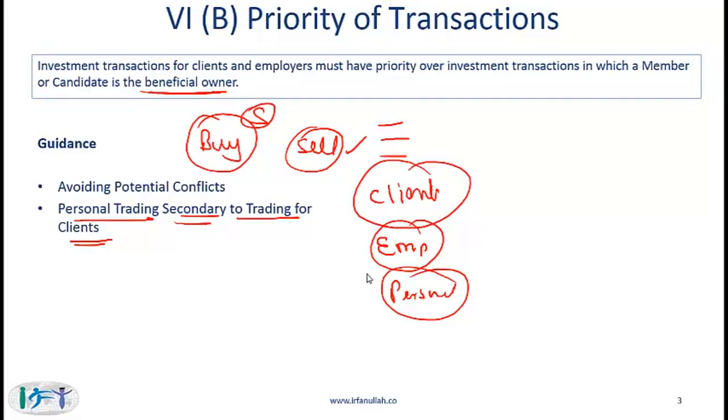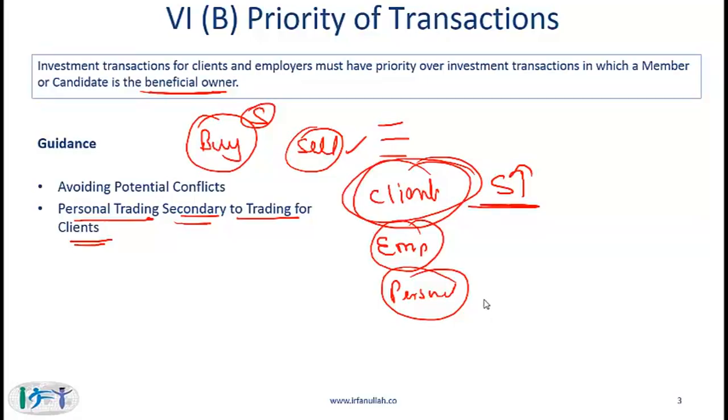Let's say that you are buying shares. When you buy shares for a large client, and let's say that this is a significant transaction, buying shares means that the stock price will go up. So you need to make this happen first. In other words, you are getting your client to buy at a relatively low price, and only after the stock price goes up do you buy for yourself.